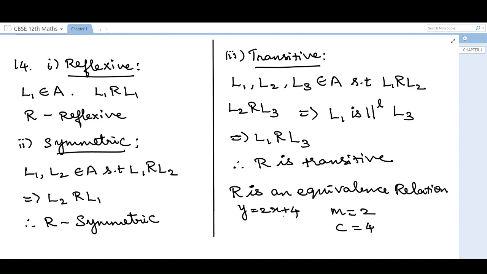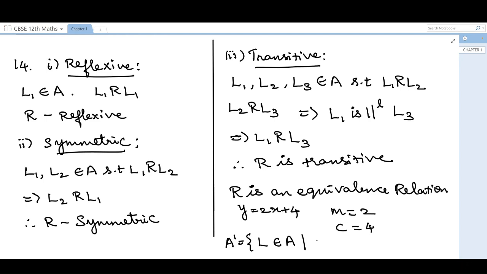Since the two lines should be parallel, they should have same slope. So our set A dash consists of lines in the given set A such that its slope will be same as that of the line y equal to 2x, but its y-intercept can be any real number.